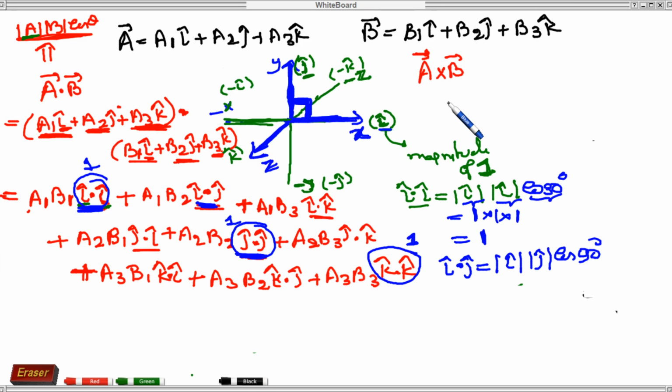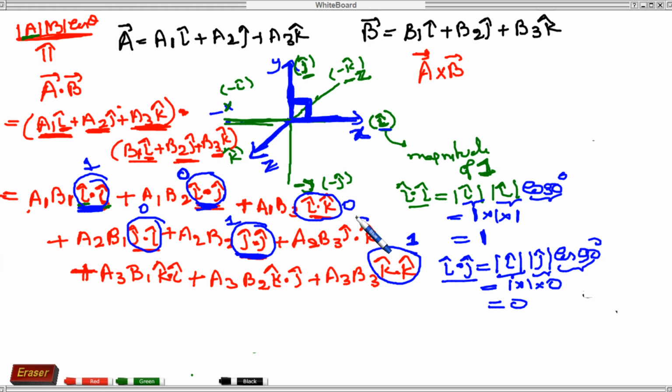This angle is 90 degree, and we know this will be 1, this will be 1, and cos 90 is 0. So i dot j is 0. Similarly, i dot k will also be 0, j dot i, j dot k, k dot i, and k dot j will also be 0.